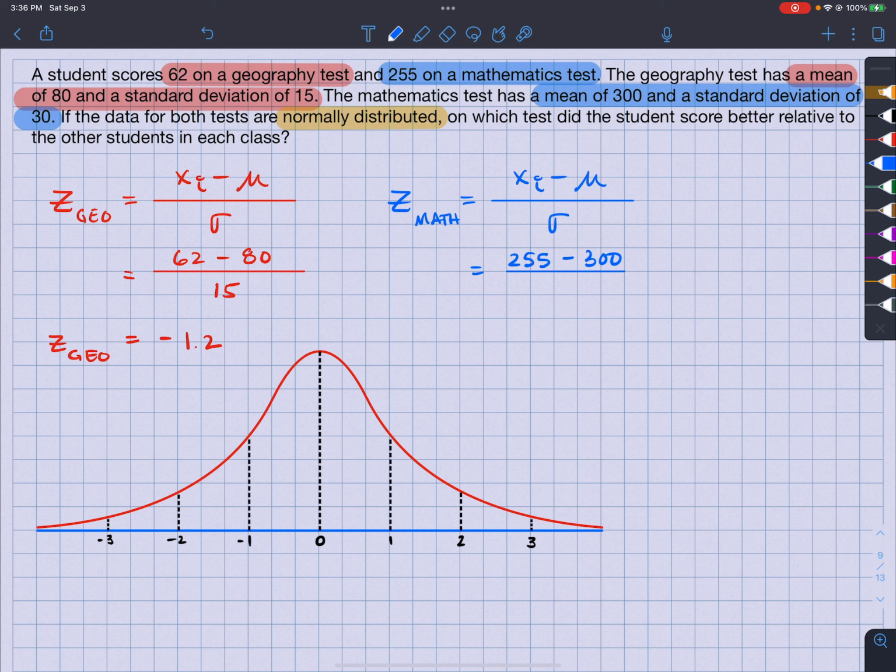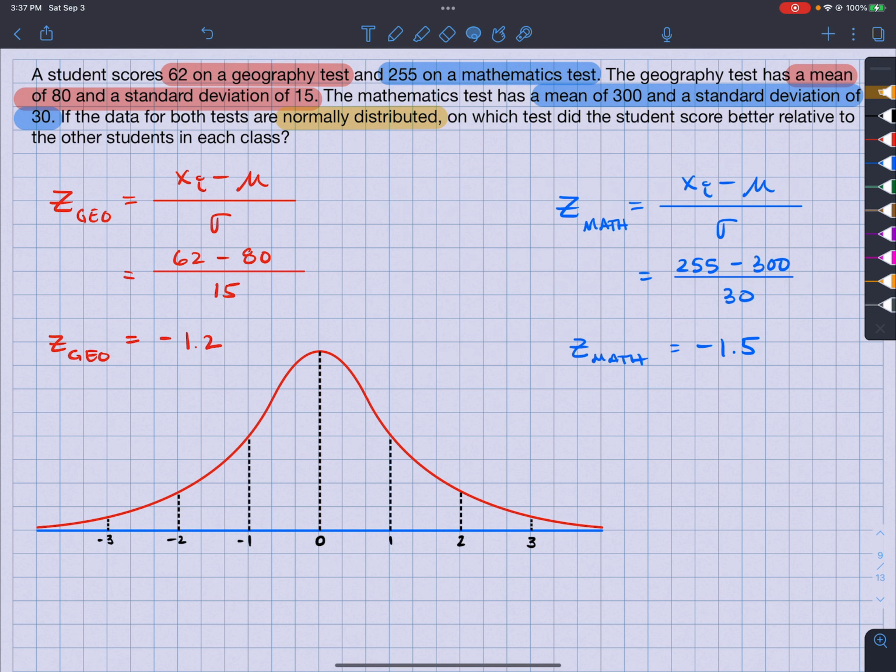And I divide by the standard deviation, which is 30. Let's see what that equals. Parentheses 255 minus 300, divided by 30, I get the z of math was equal to negative 1.5.